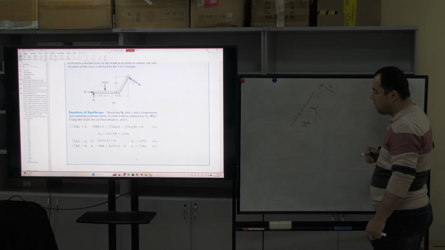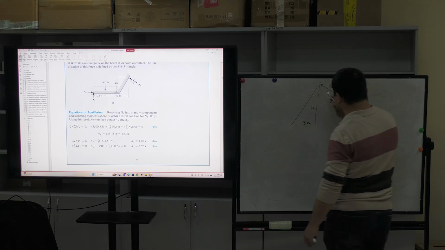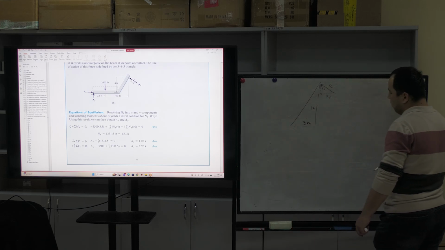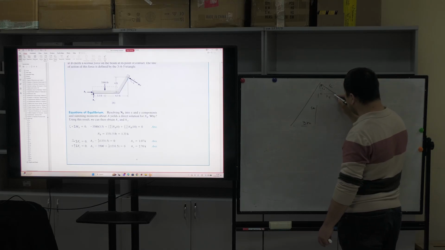So what do we have to do? We have to redraw here. This is F horizontal, and this is F vertical. We have to separate both forces into 2 parts.